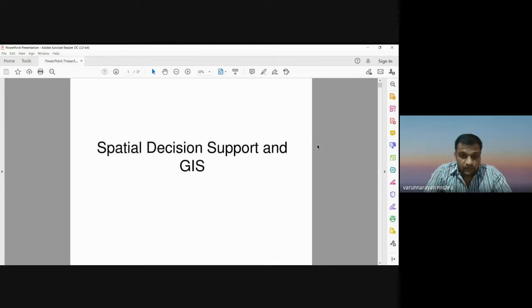It can be performed using the geographical information system. Spatial decision support system is also known as SDSS. In short, we call it SDSS. And today we will see what the different decision support systems based on spatial data sets are and how GIS helps us to make a proper spatial decision support system.